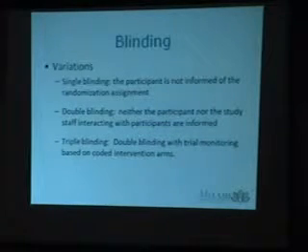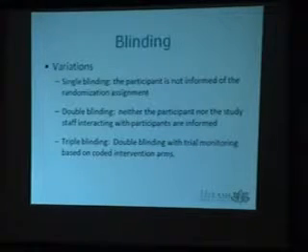Blinding has variations, and just for fun, I put in this slide from one of Garnett's slideshows. Single blinding is when the participant doesn't know the randomization assignment. Double blinding is when neither the participant nor the study staff interacting with the participant know the treatment assignment. And triple blinding is double blinding when the reports from the trial are presented to the monitoring boards with codes instead of labels, so they don't even know active versus placebo.